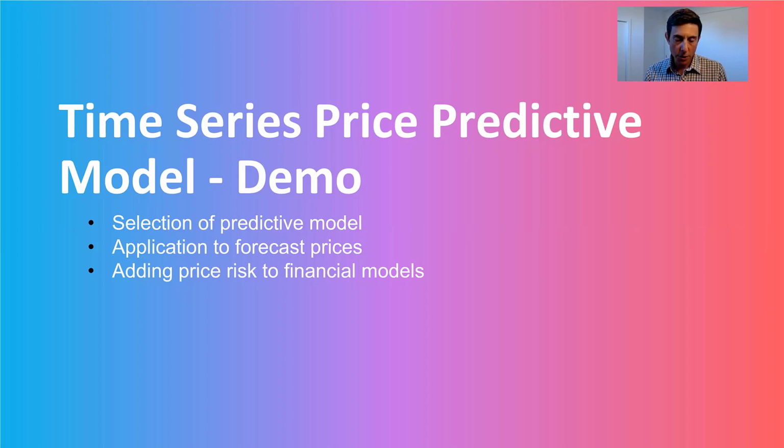We went through a bunch of models. Also, we had to deal with the data, how long the sample period should go. And then we showed how to use that price risk in decision making in an organization.